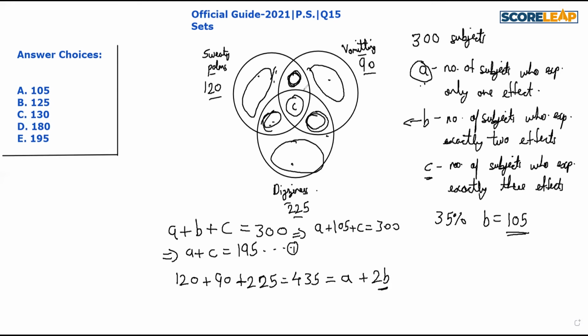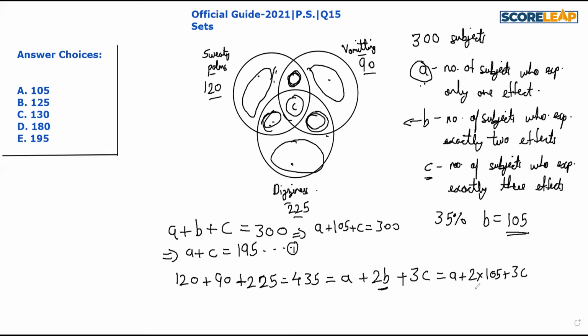And whenever we count sweaty palms, vomiting, and dizziness, we count the C part thrice. So this equals 3C, with B equal to 105.